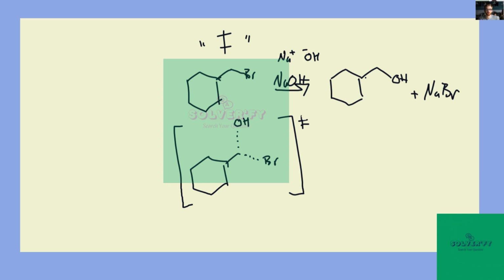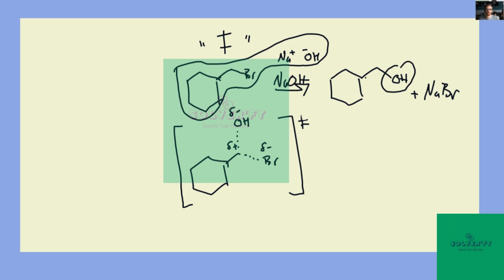the full charge on the oxygen, we'll show that it's partially negative, that the carbon is partially positive, and the bromine that's leaving is partially negative. And the way that you do that is you look at, in the previous step, what was the charge on hydroxide? It was negative. And then in the final step, what was the charge on hydroxide?